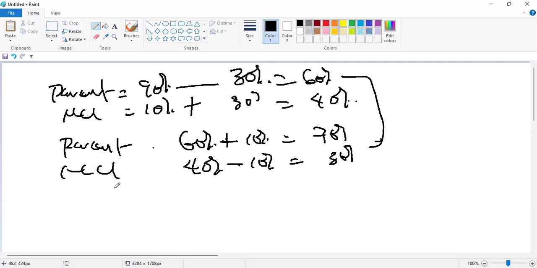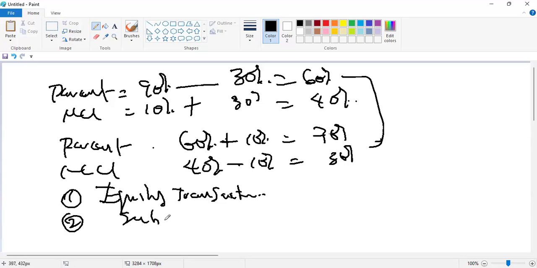We only have three. One, equity transaction. Two, sub-subsidiary, D-shape. Then three, foreign subsidiary.